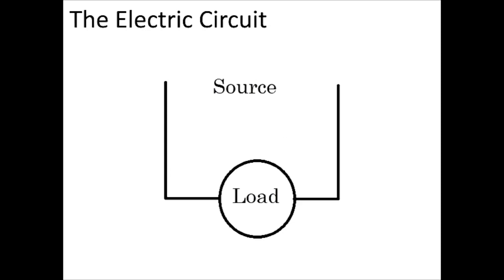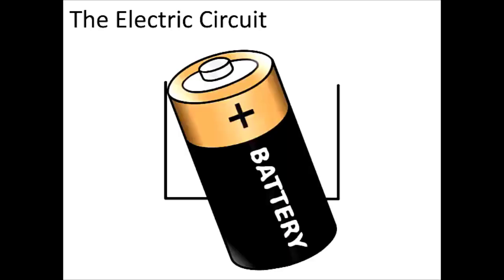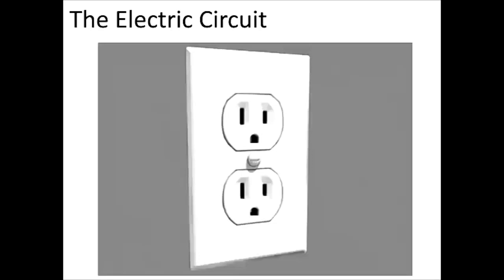Here we have a source, and we have our wires leading around to our load and then back to the source again. The source can be a battery, or it can be alternating current out of a wall outlet or from a panel box.